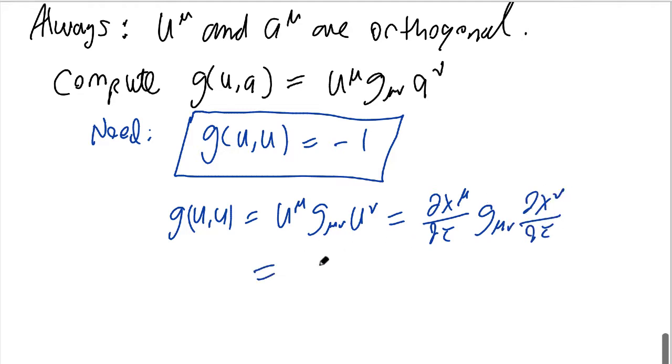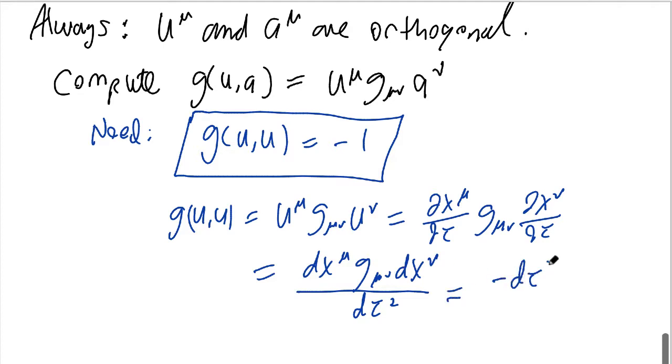Now if I gather these terms in the numerator together, and if you'll allow me a slight abuse of notation to write this as dx mu and dx nu, and then d tau squared in the denominator, then the numerator is just ds squared or minus d tau squared. So that's minus d tau squared divided by d tau squared, which is -1. So the inner product of any 4 velocity vector with itself is always -1.